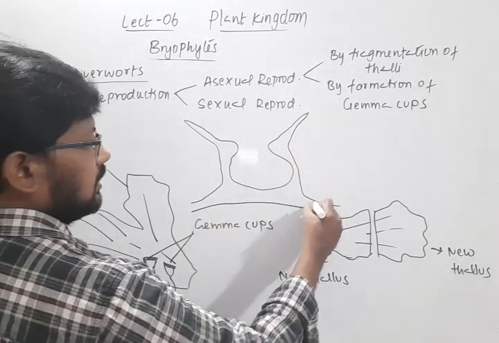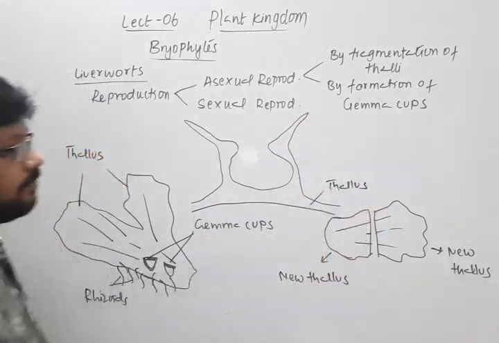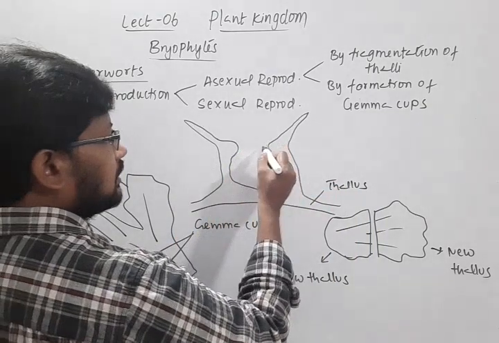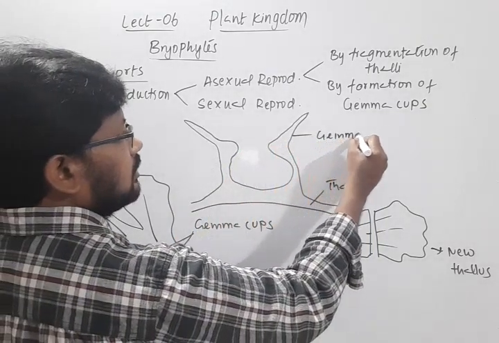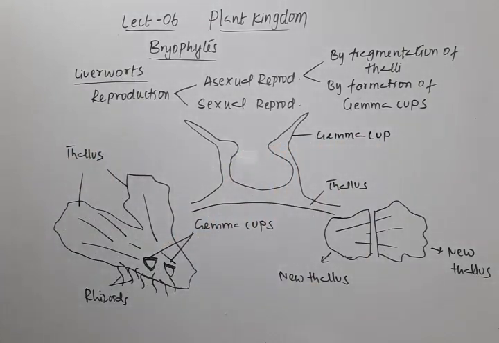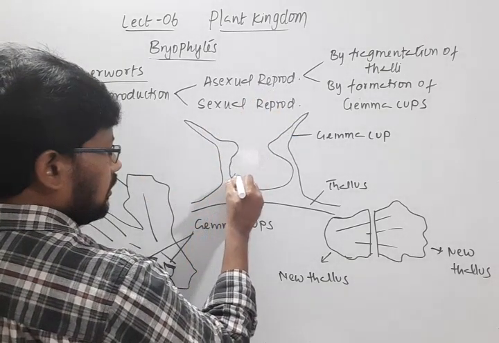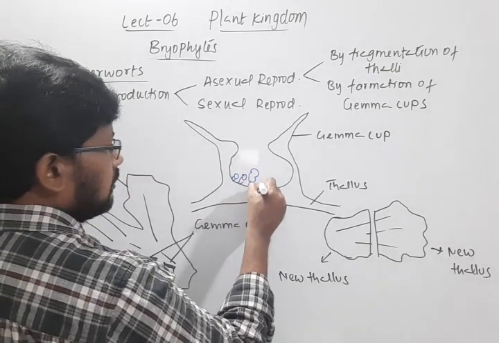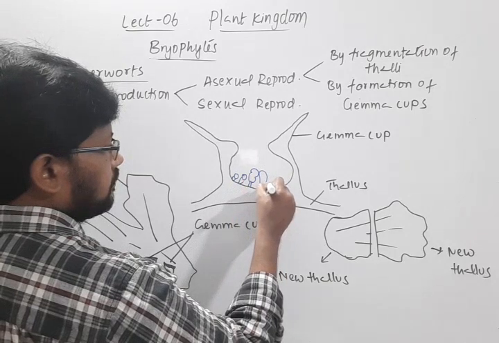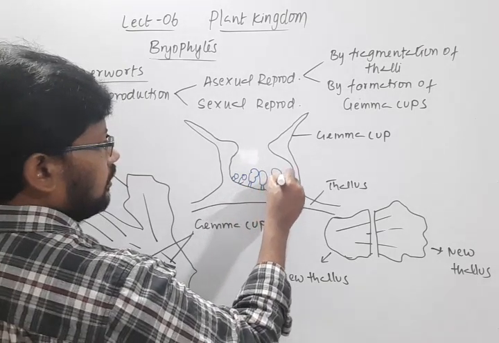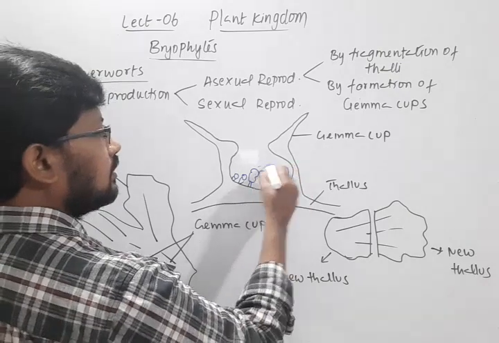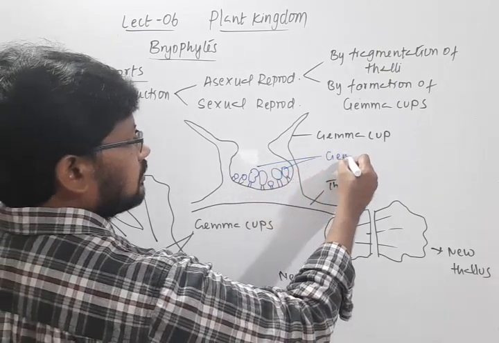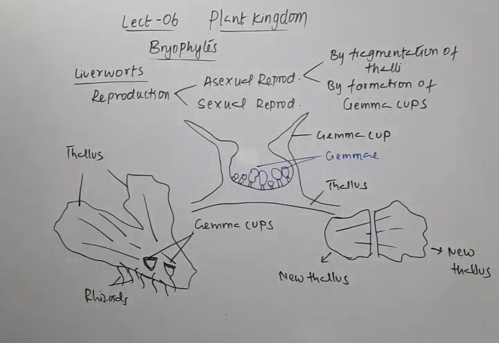This is the thallus, and this is the gemma cup, and inside this gemma cup we see the presence of structures called gemmae. So let's see what actually these gemmae are.